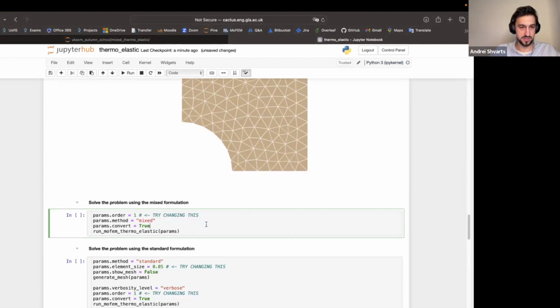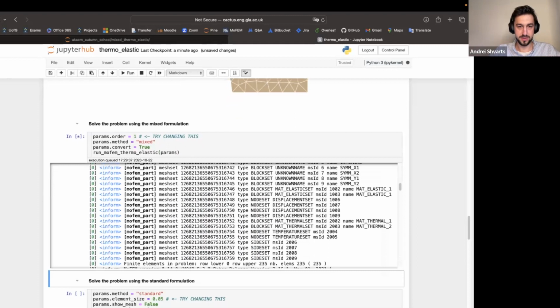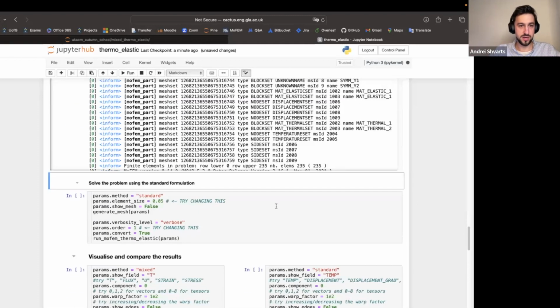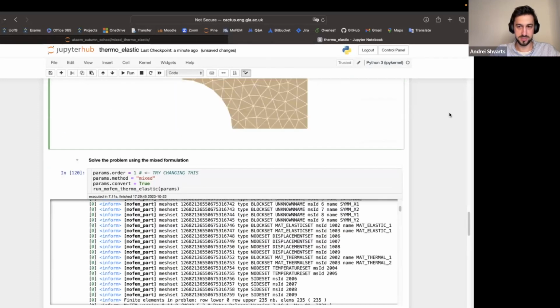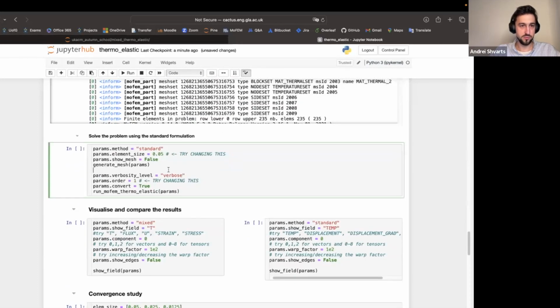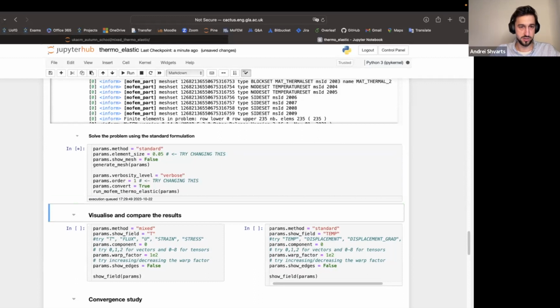And now we're going to run the simulation for the mixed formulation. We're going to choose the order one, but I invite you to try higher orders to get the results, it's just that it's going to run for a longer time. So I want to try with the simpler case at order one. Similarly, we're going to choose the same mesh and the same order, so the same element size and the same order for the standard formulation.